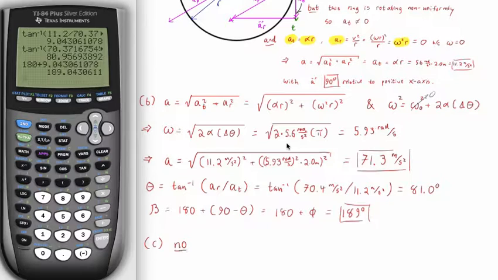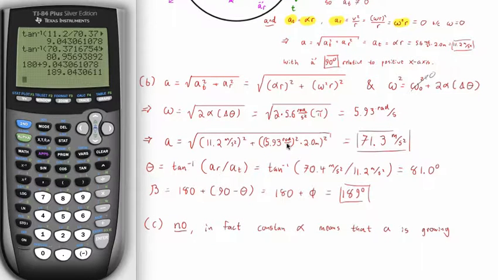And the answer is no, definitively no. In fact, constant alpha means that translational acceleration is growing and becoming more radial in direction. All right. Well, thank you.